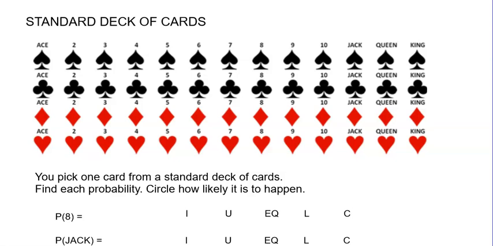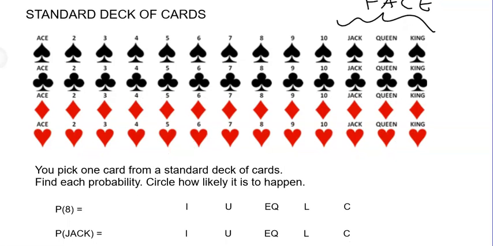Here's a standard deck of cards. You have the spades, clubs, diamonds, and hearts. You have ace, then 2 through 10, jack, queen, king. These are called face cards. I want to make a note of that. Face cards. Because if you look at them, those are the cards that have faces on them. Now, it says, what's the probability?